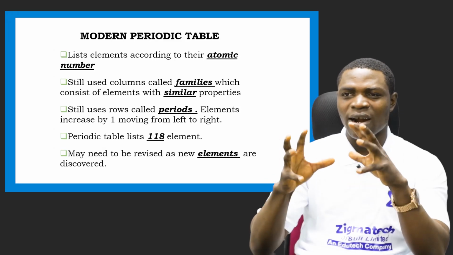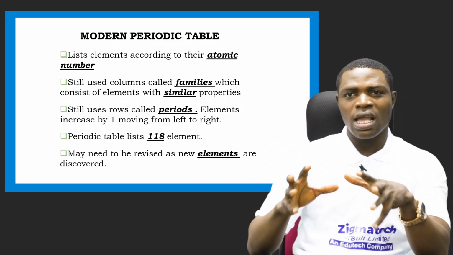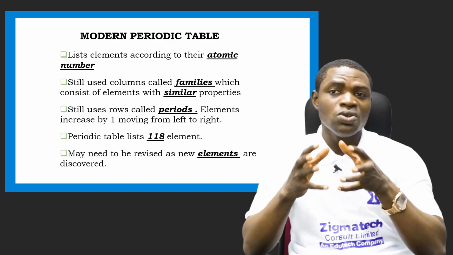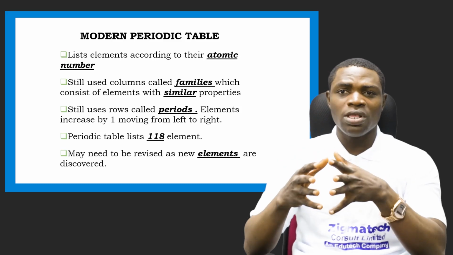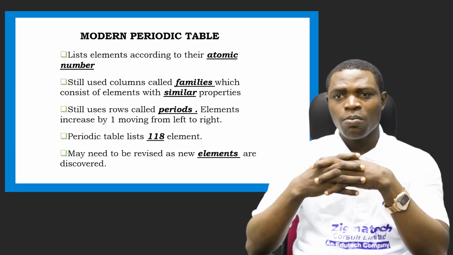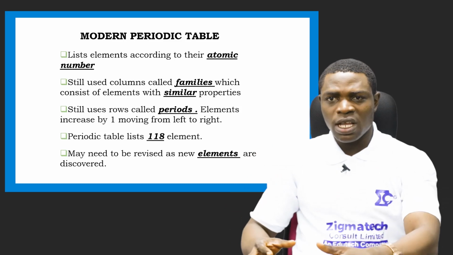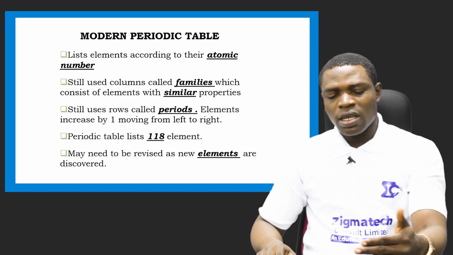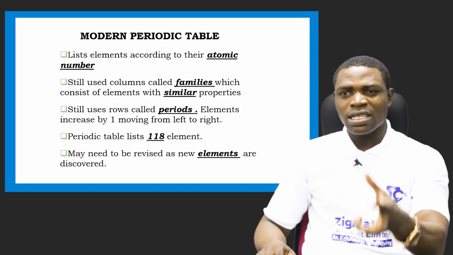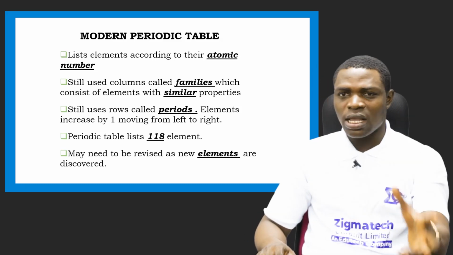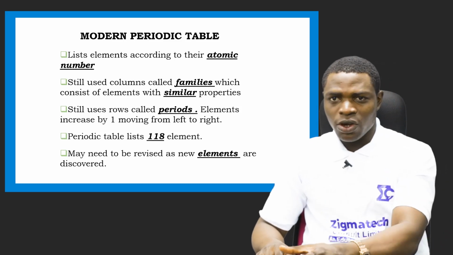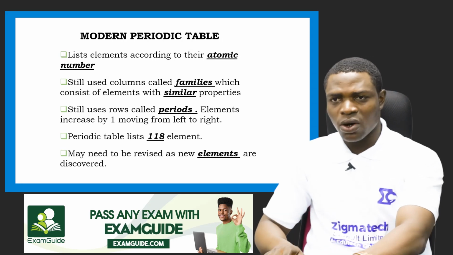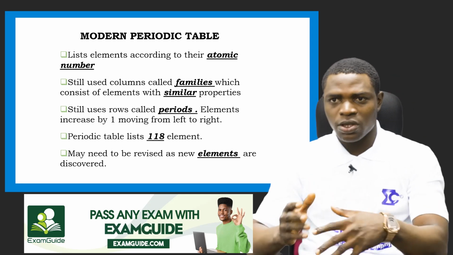They are arranged hierarchically based on their atomic number. Mendeleev used columns, and he called them families, which consist of elements with similar properties. Then coming to the rows, elements increase by 1. As you move from left to right, helium has 1 electron more than hydrogen, and lithium has 1 more than helium. That is the trend across the period in the periodic table.